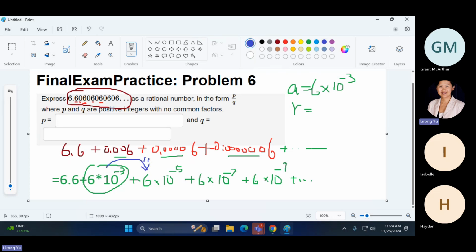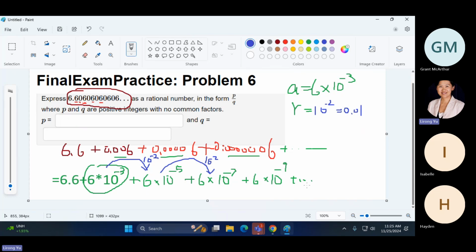You multiply by 10 to the negative 2. And then this one to the next one, you multiply by 10 to the negative 2 as well. That's causing it to get smaller and smaller. So the ratio is exactly 10 to the negative 2, or you can also write it as 0.01.